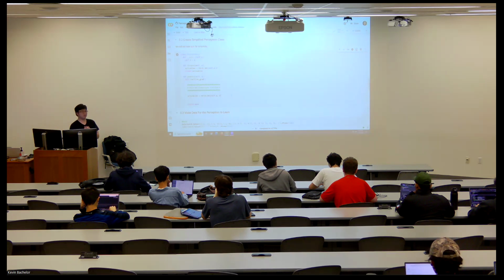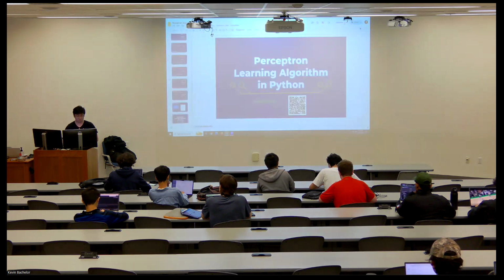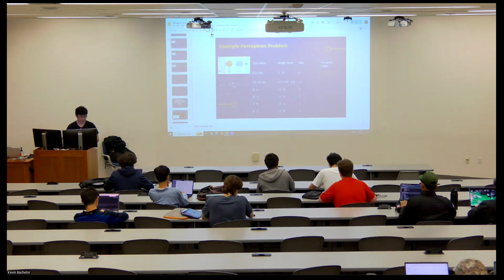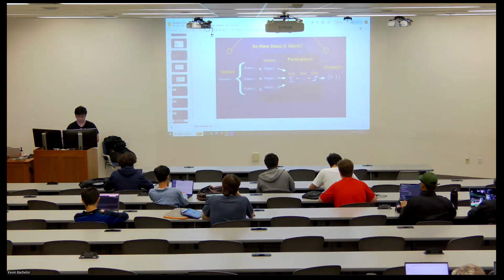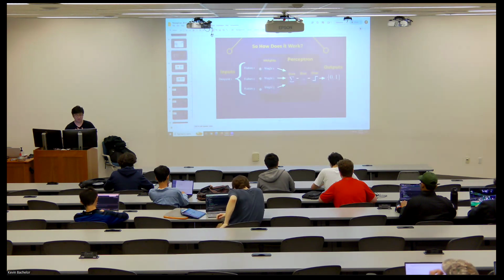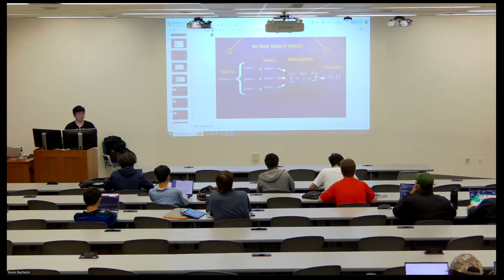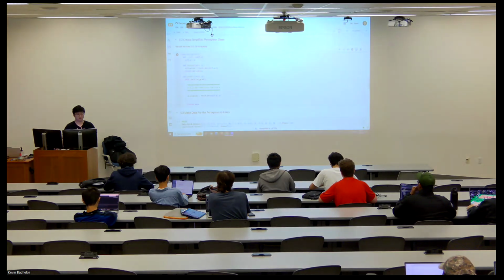And then does anyone want to tell me what you do after that? Let's go back to the earlier slide. So we did the weighted sum with the dot product. Then what do we do here? What is this? Yeah, the if statement, right?